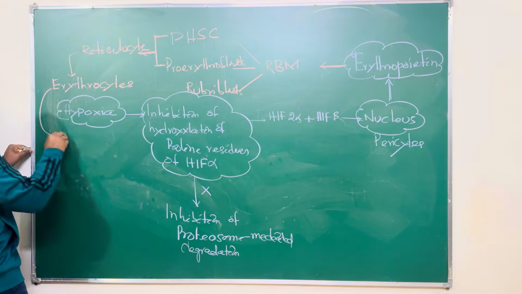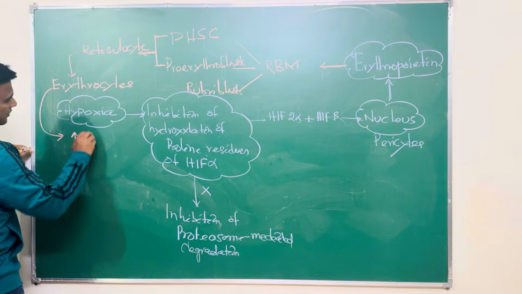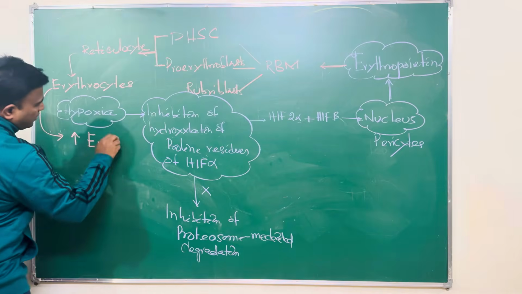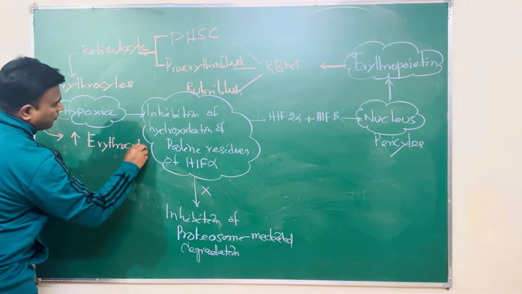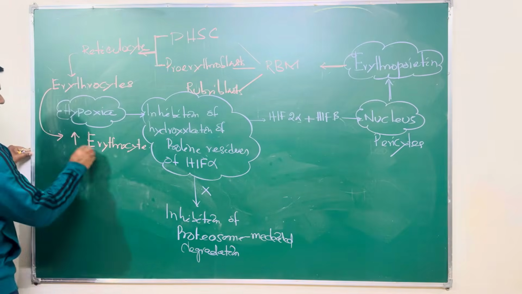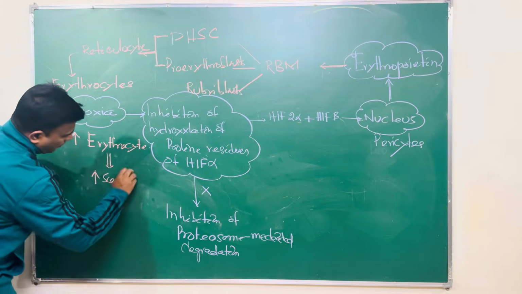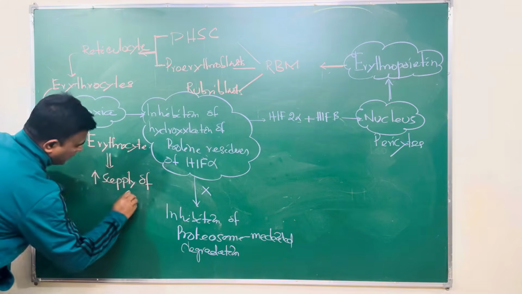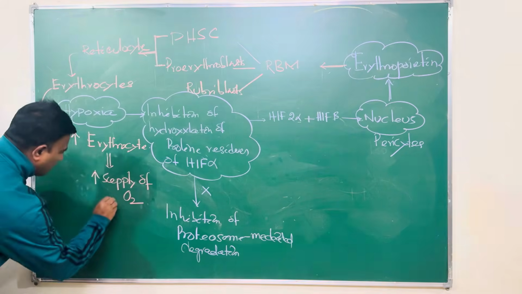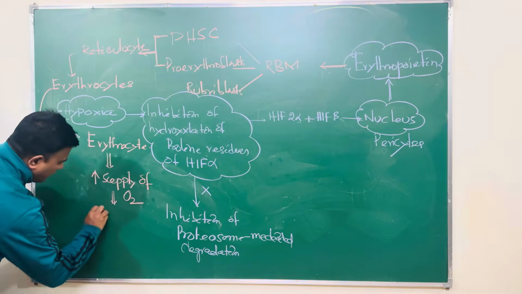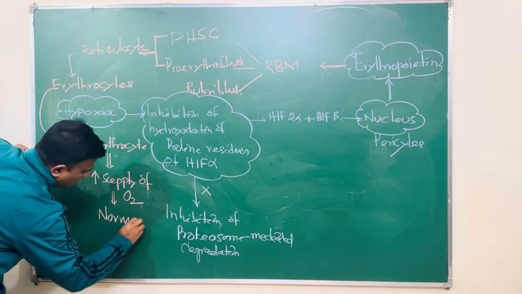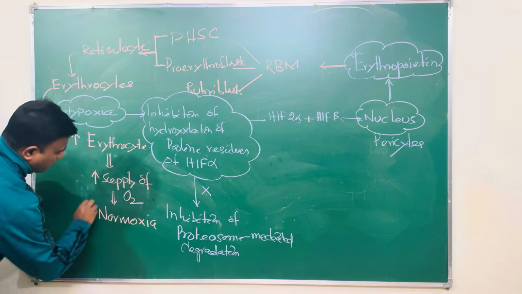So there is an increase in the erythrocyte count. Once this is increased, there is increased supply of oxygen, and then gradually normoxia develops.